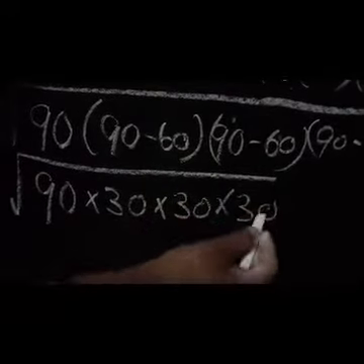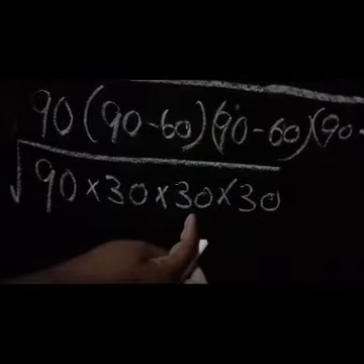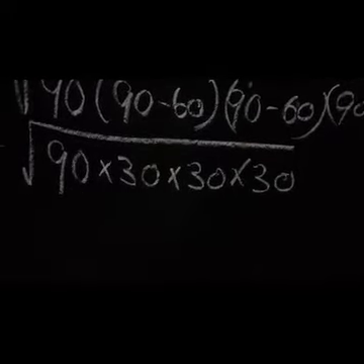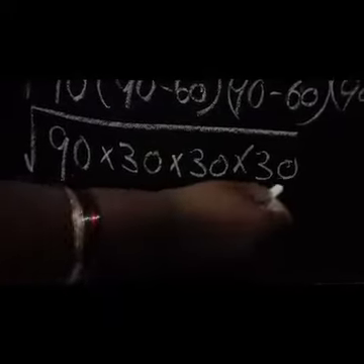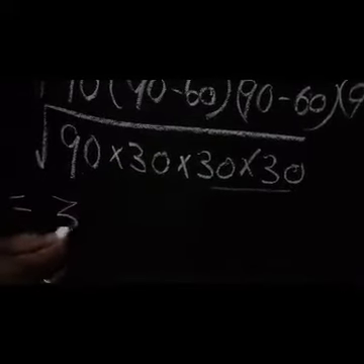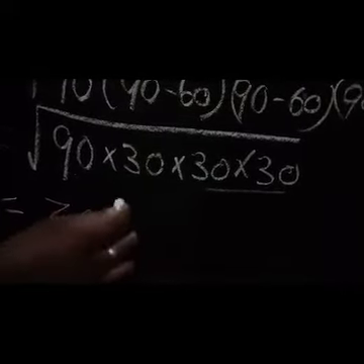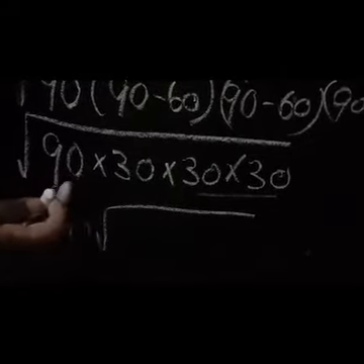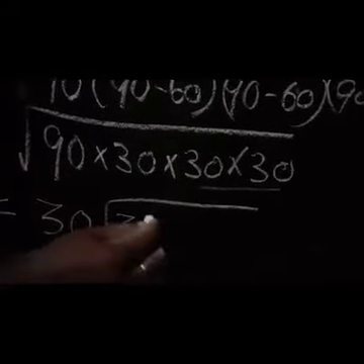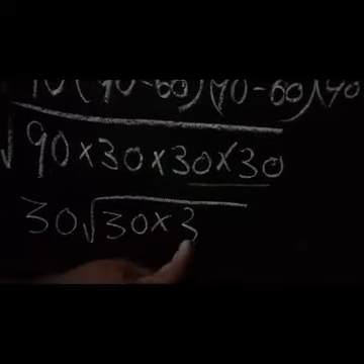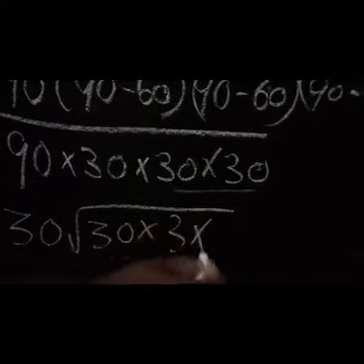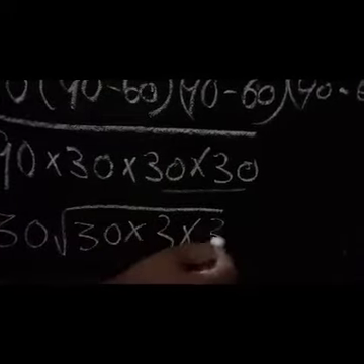Inside the square root, if any number appears 2 times, 1 time we can take outside. So in this, 30 is there 2 times, I'll take 1 time 30 outside. Now this 90 also we can write as 30 into 3, because 3 3s are 9. So here we have one more 30.